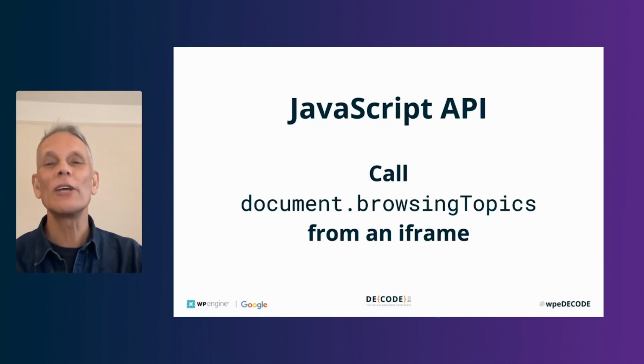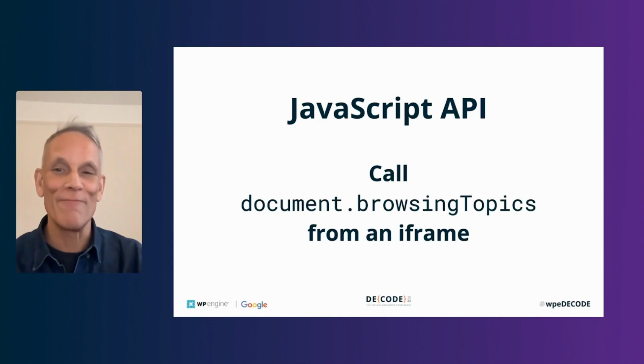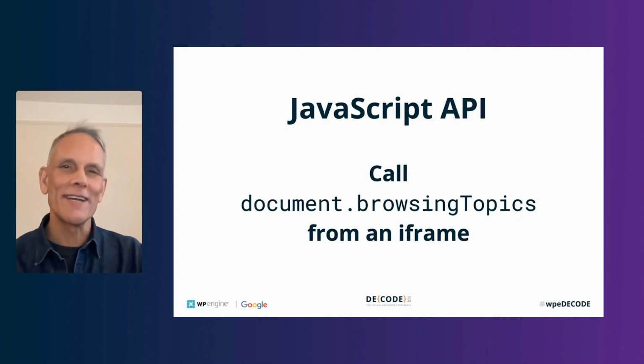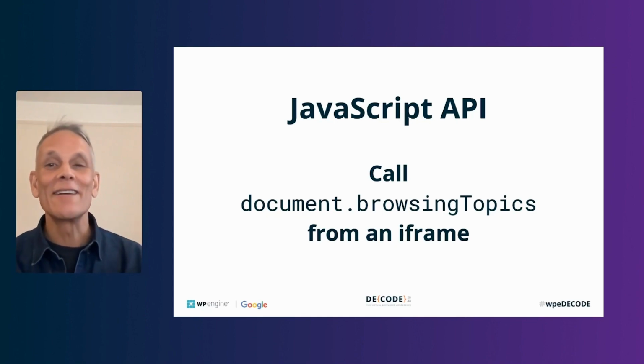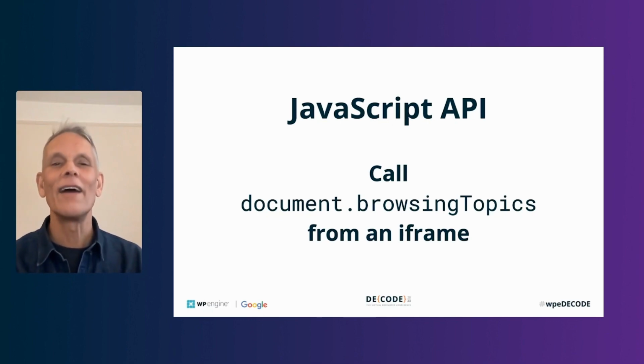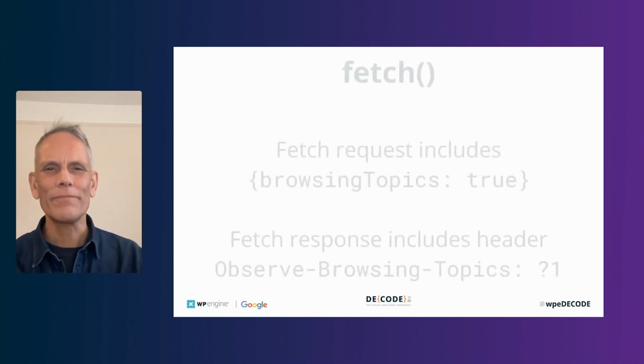Later, the API caller can call the same document.browsingTopics method to access topics that it has observed for the current user. The reason this method needs an iframe, by the way, is that the context for observing topics must be the same as the context for accessing topics.